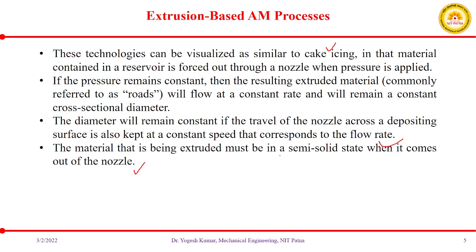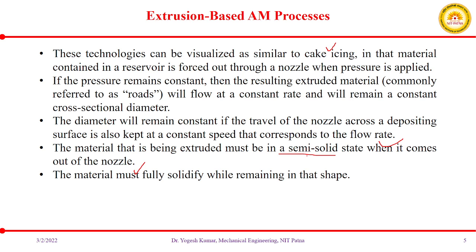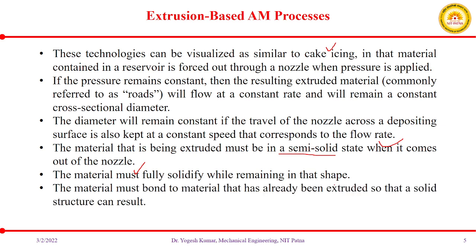Okay, so this is how the material which comes out of the nozzle is in the semi-solid state, so that it can easily adhere to the previously printed material of your additive manufacturing process. Yeah, the material must fully solidify while remaining in that shape. Okay, so the shape of the material should not change during the solidification.